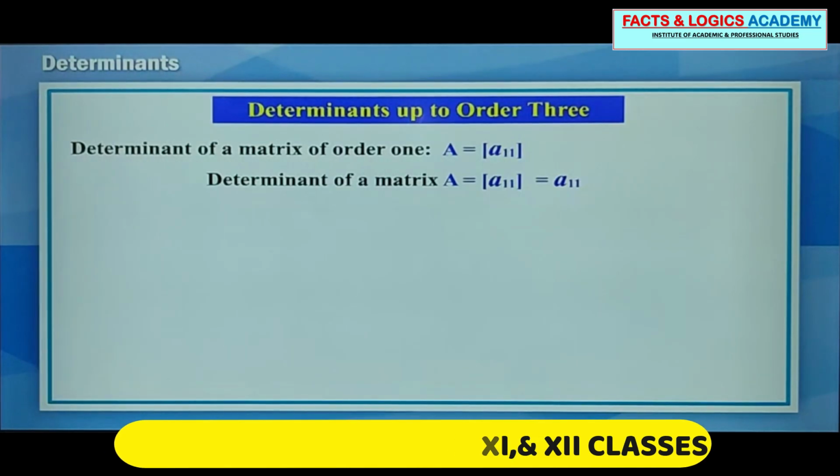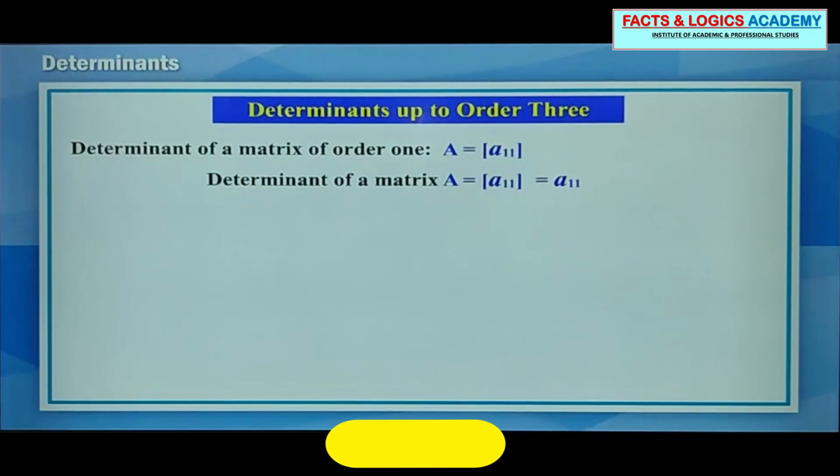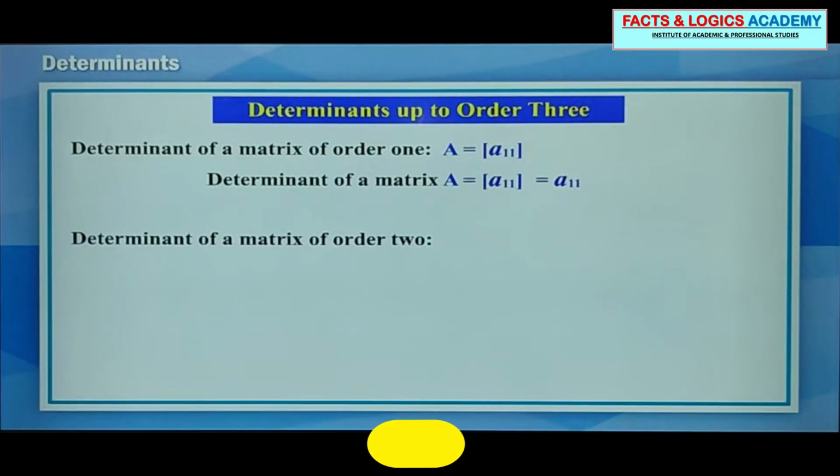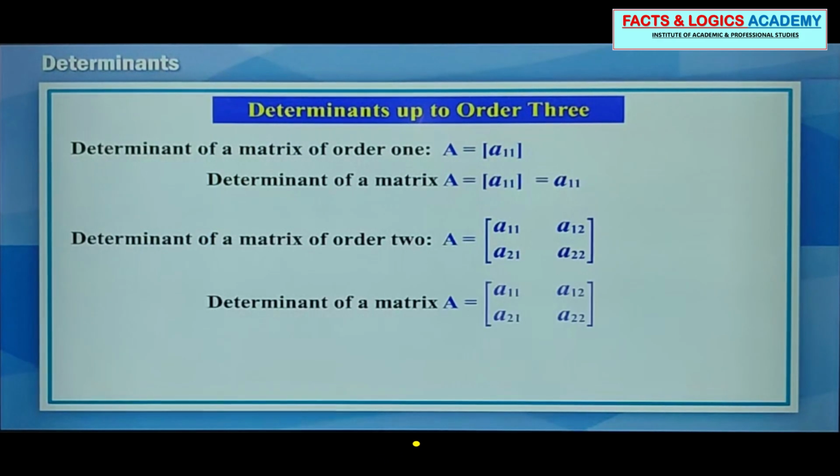Observe that the determinant of a matrix of order 1 is the entry in the matrix itself. Next, we have the determinant of a matrix of order 2. This we have already discussed. In this case, det A is equal to A11 into A22 minus A12 into A21.